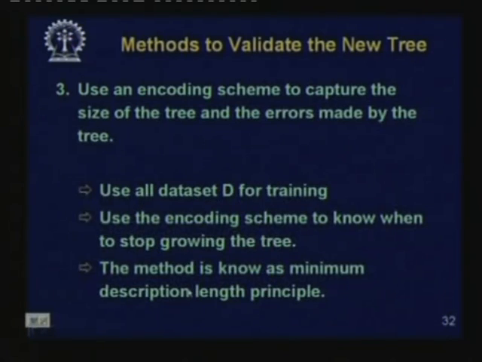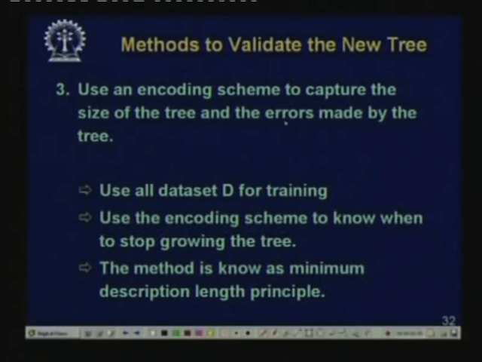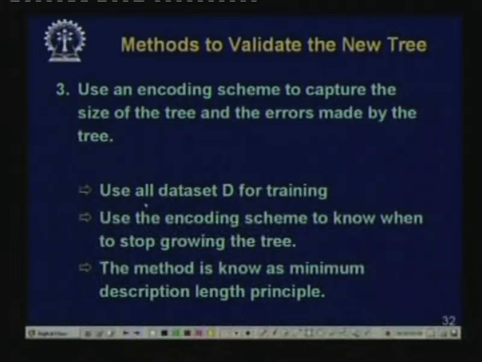The third method is slightly different. It uses an encoding scheme to capture the size of the tree and the errors made by the tree. So, we use something like the minimum description length principle. The basic idea is that we use all the data set D to construct the tree, and we use the encoding scheme to know when to stop growing the tree.